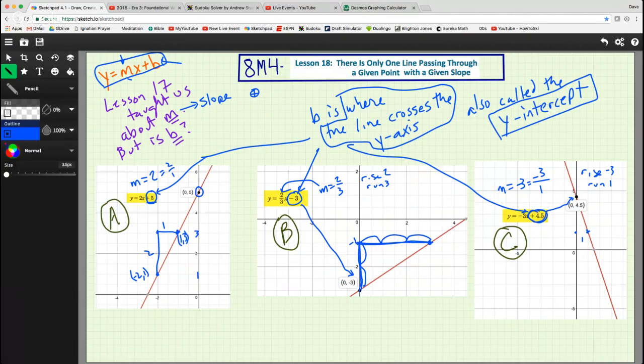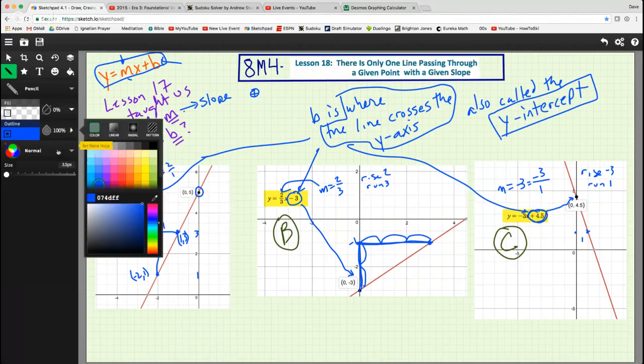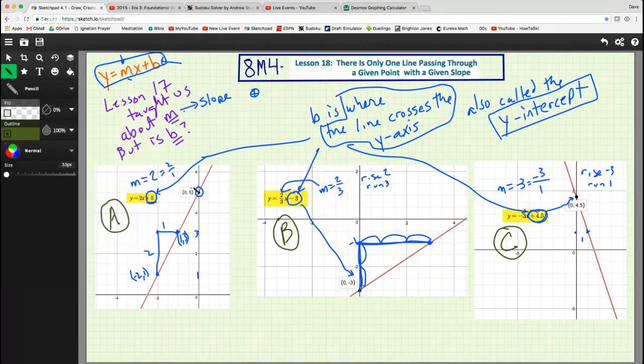Now, you might be asking, why does this always work? Well, the reason it works is because of what is true on the y-axis.